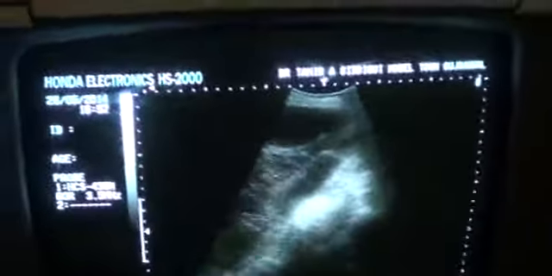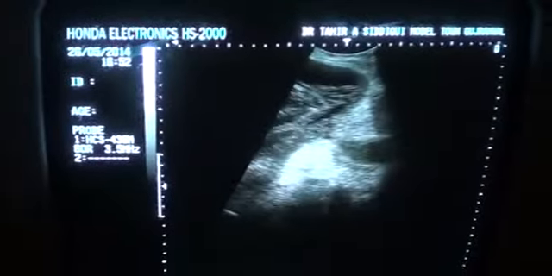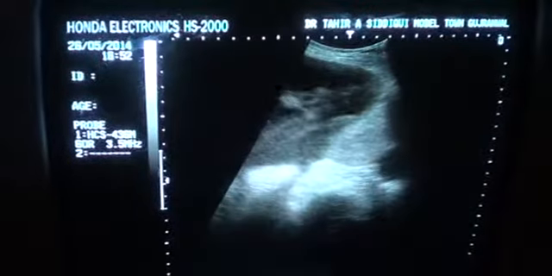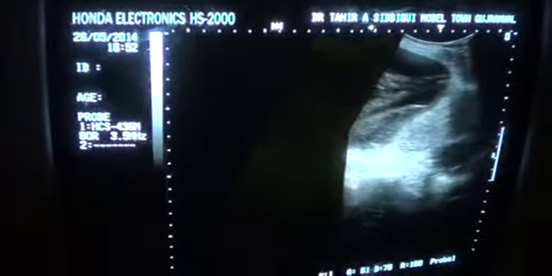Later, infection and all sorts of issues can develop. She is lucky to be here with us.